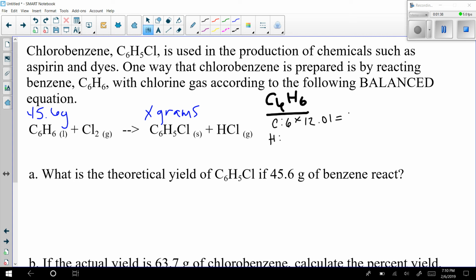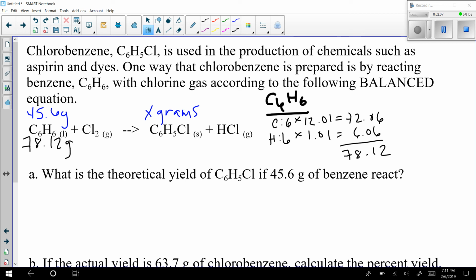When you multiply that, you get 72.06. For hydrogen, we also have 6 times the mass of hydrogen, which is 1.01, and that gives us 6.06. And then we add those two numbers up for a grand total mass of 78.12. And that is our mass of benzene that goes underneath our benzene, 78.12 grams.